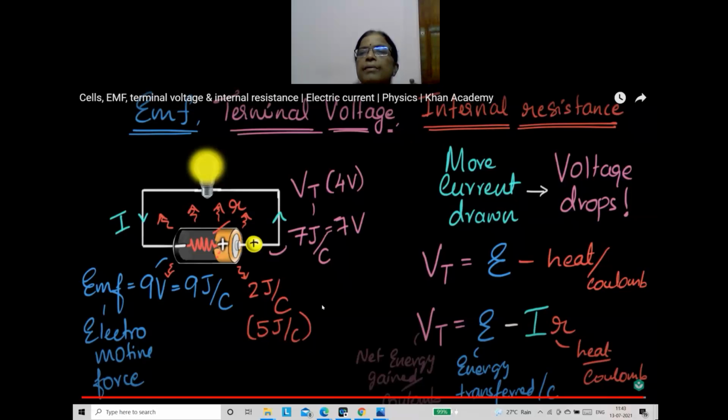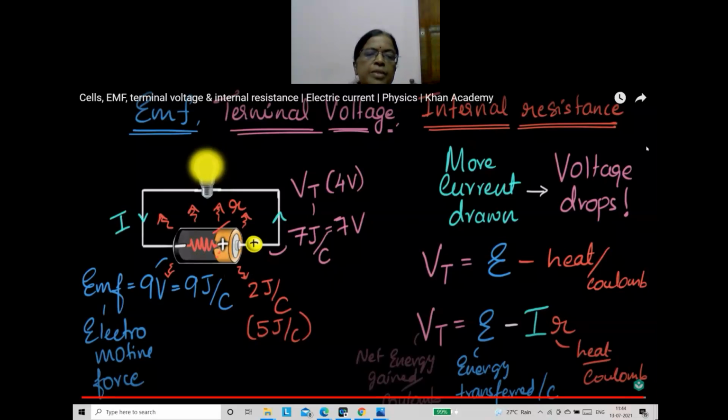EMF is the potential difference between the two terminals of the cell when?